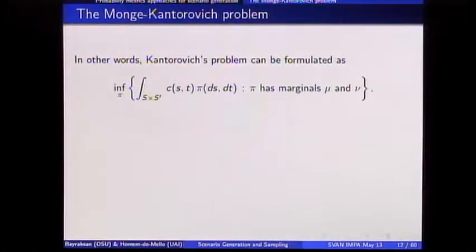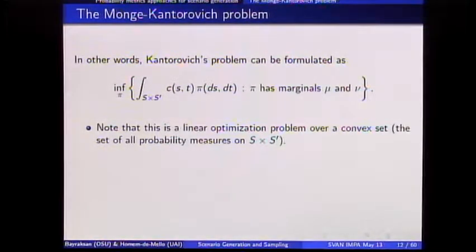So this one is an infinite dimensional problem, yes, but linear optimization is extremely well developed, even in infinite dimensions. The whole theory of duality, algorithms, all that is developed even for infinite dimensional spaces. And it's a convex set also, because the set of all probability measures is a convex set.